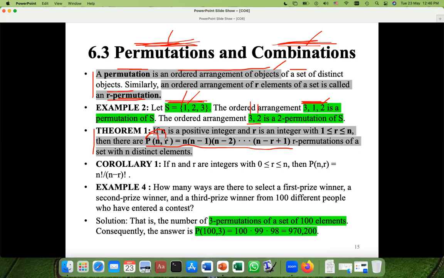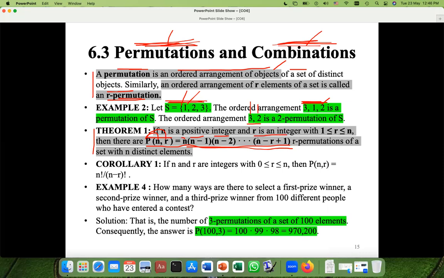How can you calculate the R-permutation of N objects of a set? The right-hand side will give you that answer. You start with N first, then N minus 1, multiply with N minus 2, and so on, down to N minus R plus 1.